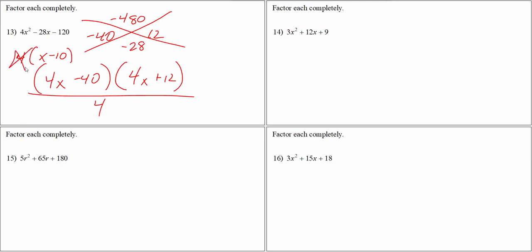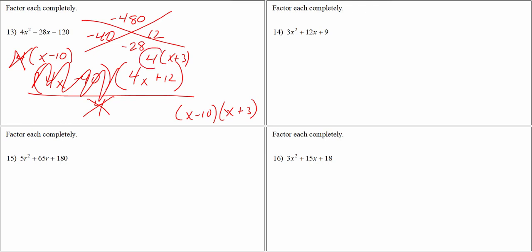So this 4 cancels with that 4. Okay? So now this is gone, and I have x minus 10. I know that's in my answer, x minus 10. This 4, x plus 12, what can I pull out of there? I can pull out another 4, so that's x plus 3. Okay? So I know the x plus 3 is in my answer.